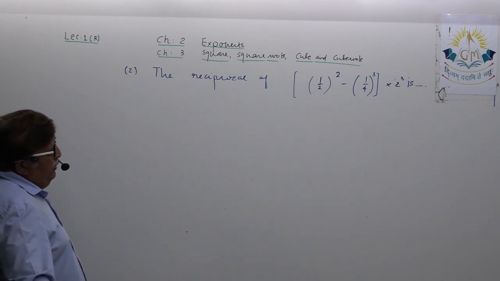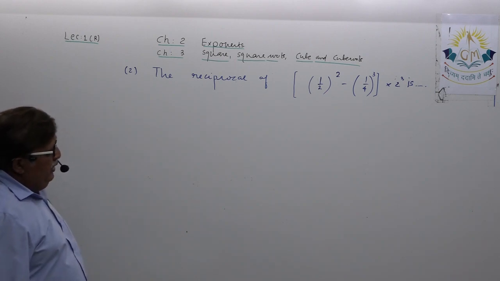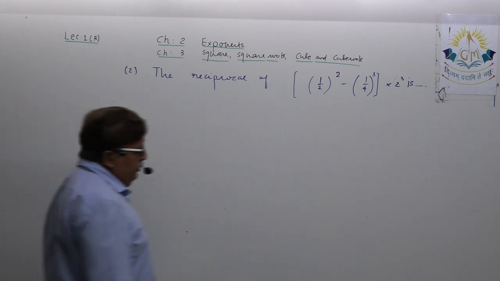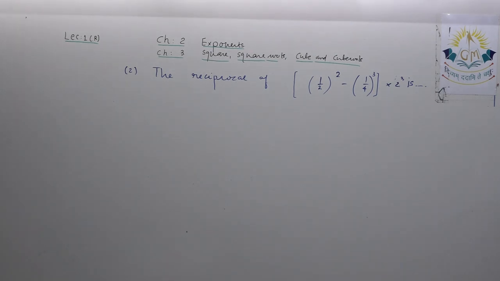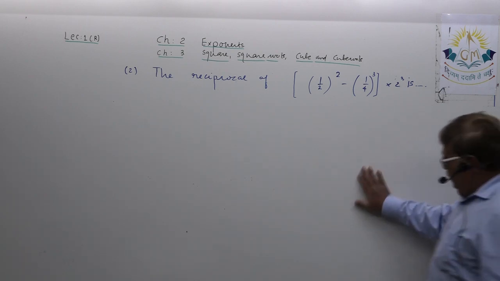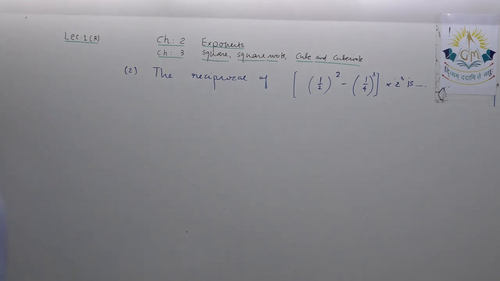But first your target needs to be to evaluate the large bracket by taking LCM, whatever is necessary. Just do it fast and then we'll solve it, so that you can verify it. The reciprocal of this particular mathematical expression you have to find.